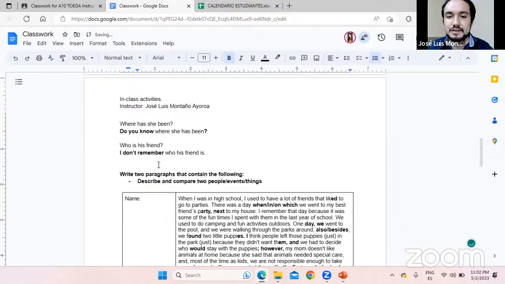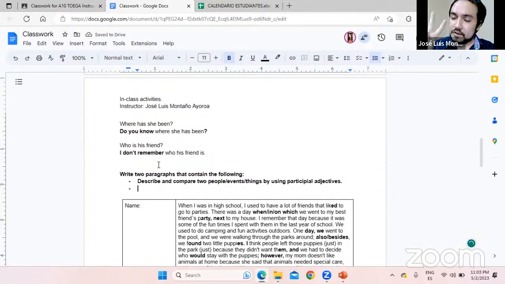Anything that you want by using participial adjectives. Okay, that's the main thing. You have to describe and compare two things. Can be people, events in general, and you are going to use participial adjectives. Amazing, amazed, interesting, interested, frightening, frightened, and so on and so forth.